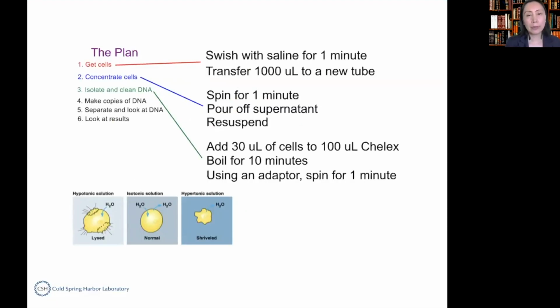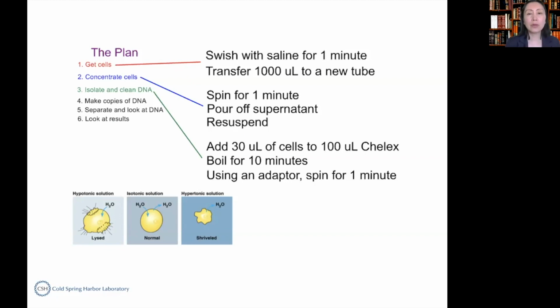Maybe you still remember how we did the lab at part 1. We collected cells with saline, and then we concentrated the cells, poured off most of the supernatant, and then added only 30 microliters of the concentrated cell solution to 100 microliters of Gel solution.